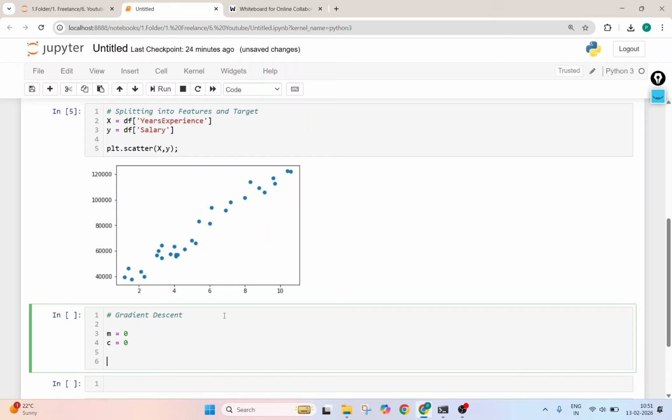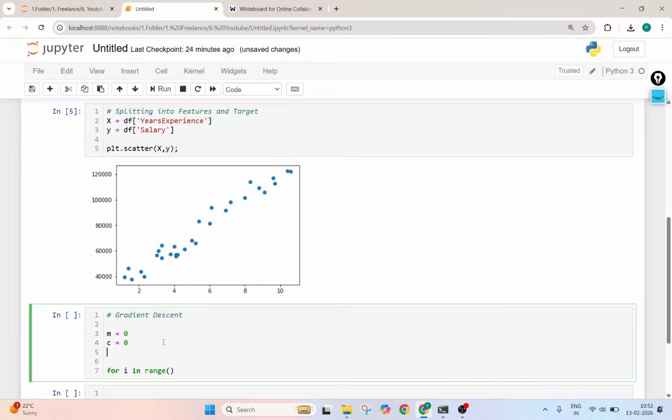So I'll keep a loop and I'll keep on updating the m new and c new. Okay. So for the loop, let's take some sort of an epoch. Let's say I'll run this loop for 1,000 odd times. I don't know how many times I would want to run it.